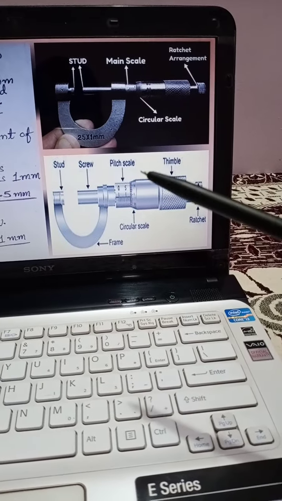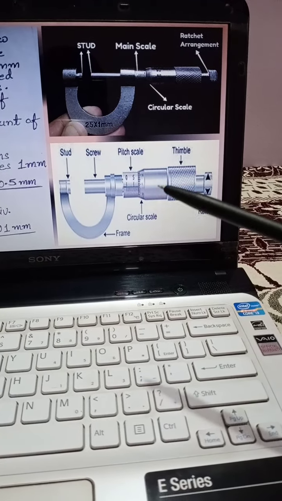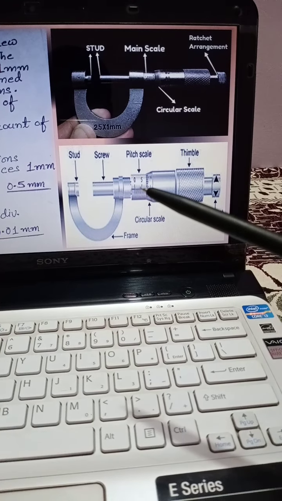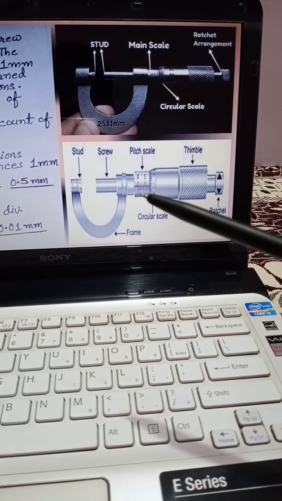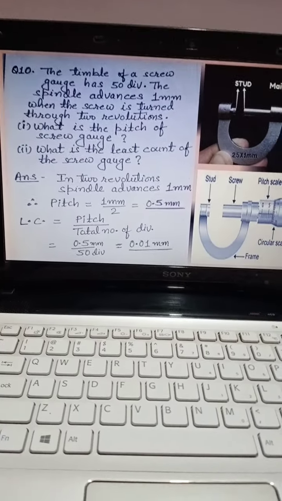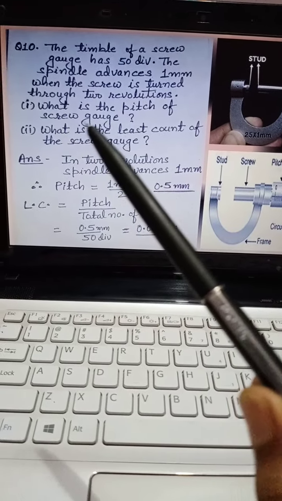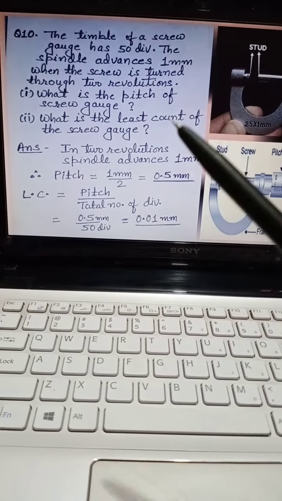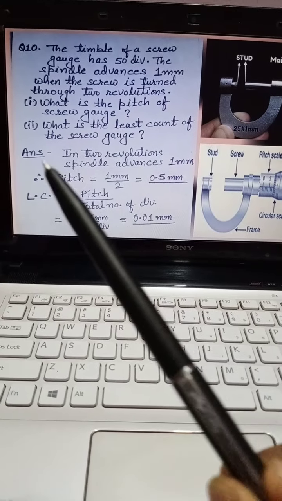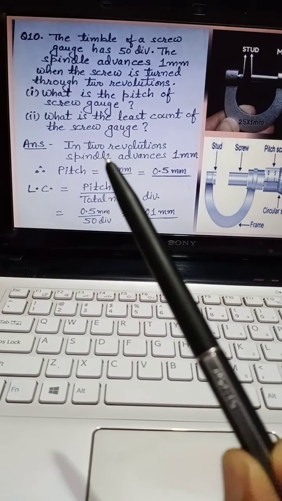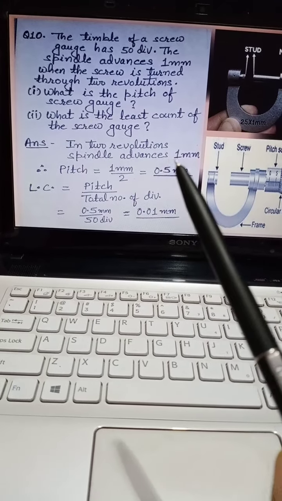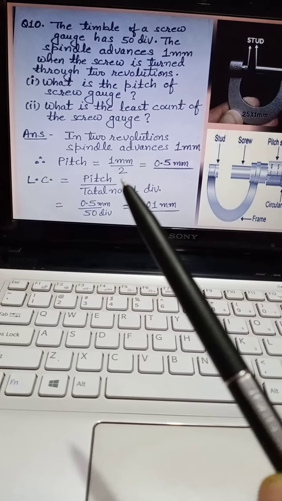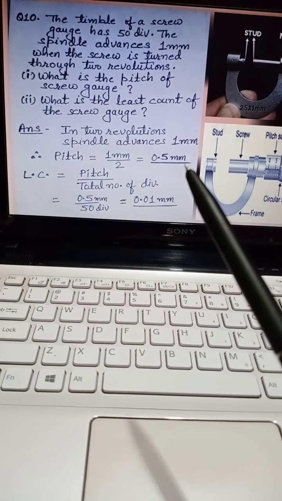So this means that when the circular scale is turned 2 times, it has advanced 1 mm on the main scale. In this case, we have to find out the pitch of the screw gauge and the least count. As the 2 revolutions of the spindle advance 1 mm, the pitch of the screw gauge is 1 mm divided by 2, which is 0.5 mm.